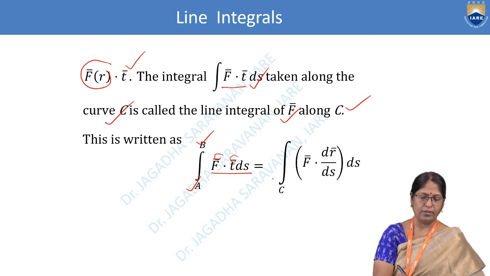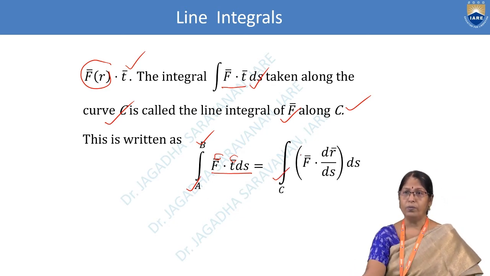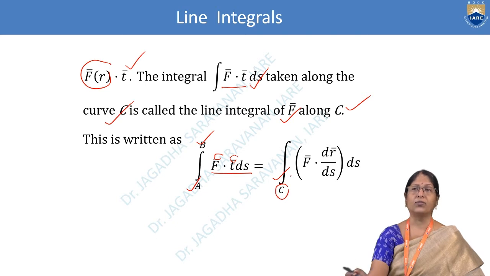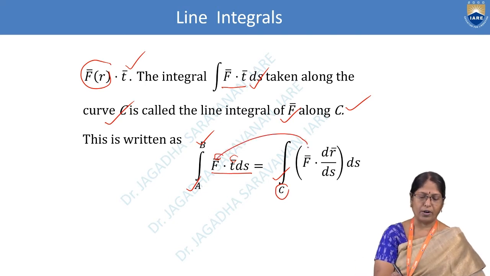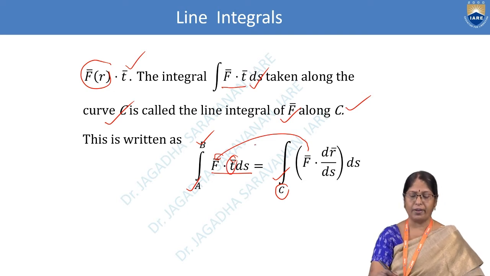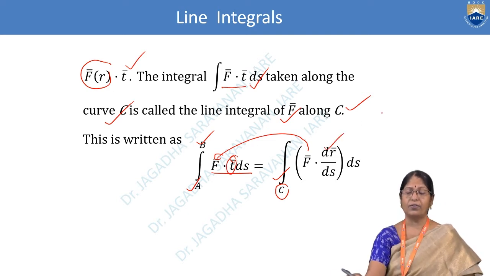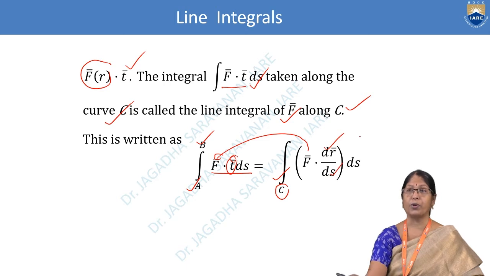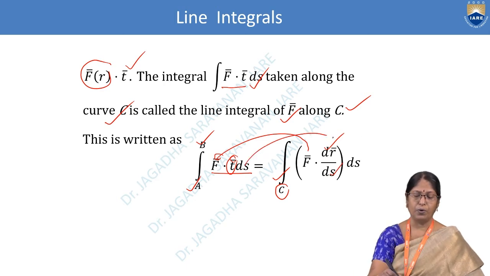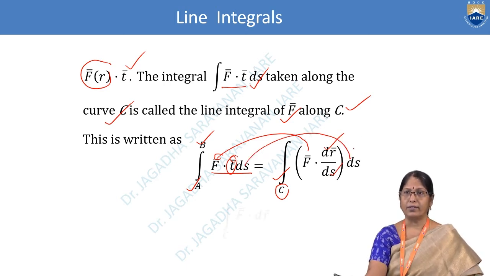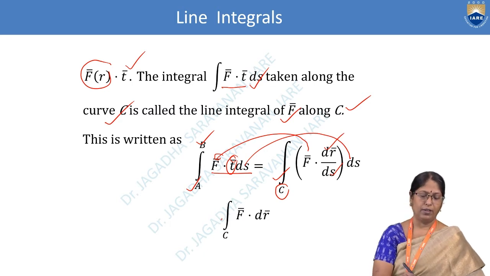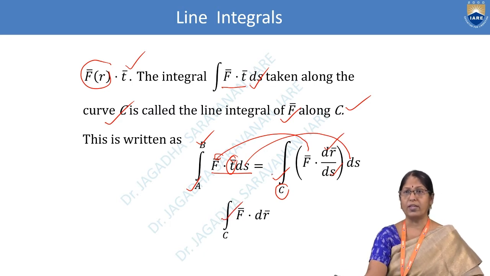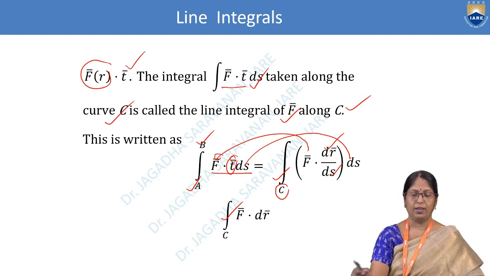Now, our curve name is C. The vector t is defined as the differentiation of our vector r with respect to s, so t ds is nothing but dr. So it is the integral over the curve C of f dot dr.